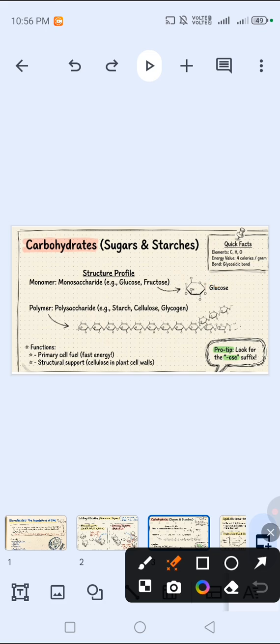Here is the glucose structure. This is very easy, just a simple introduction. And the polymers are a combination of monomers. So polysaccharides, for example starch, cellulose, and glycogen, are long sugar chains.